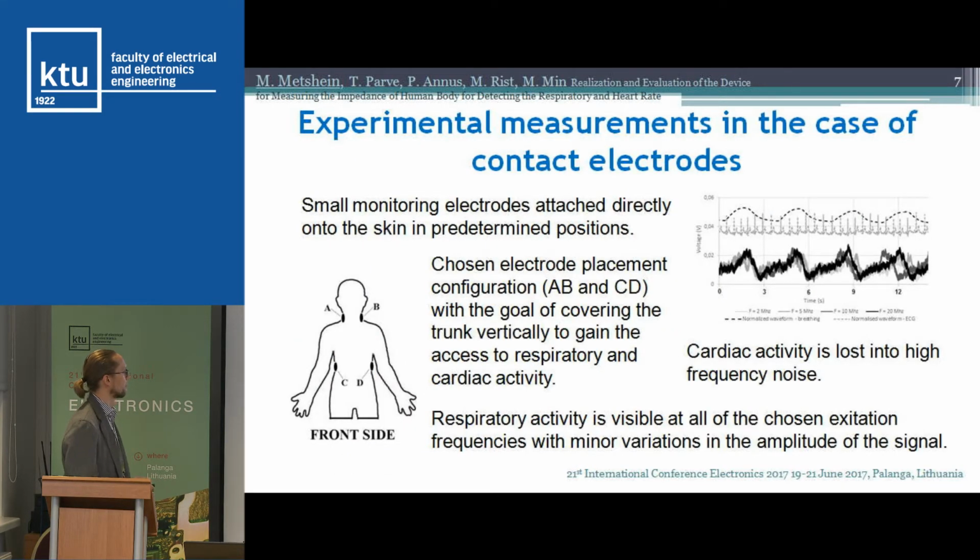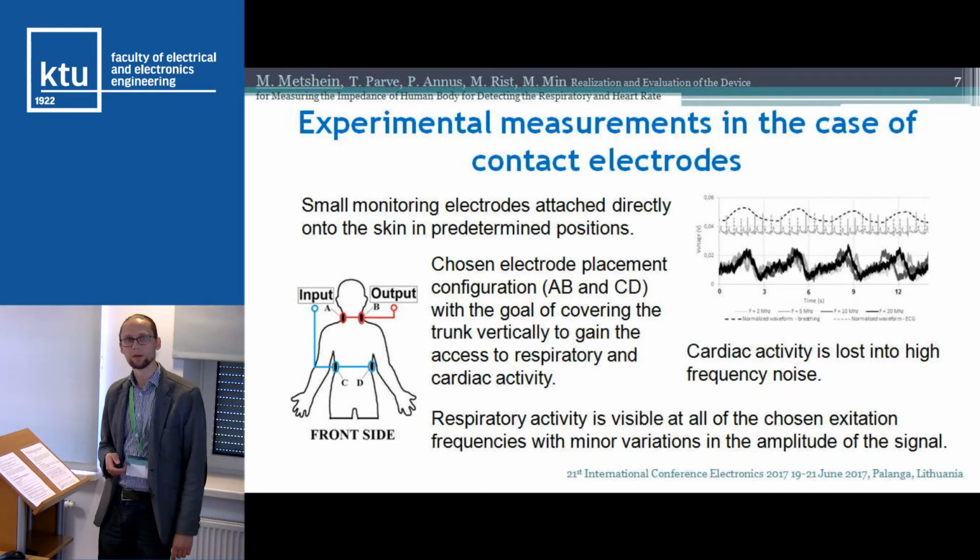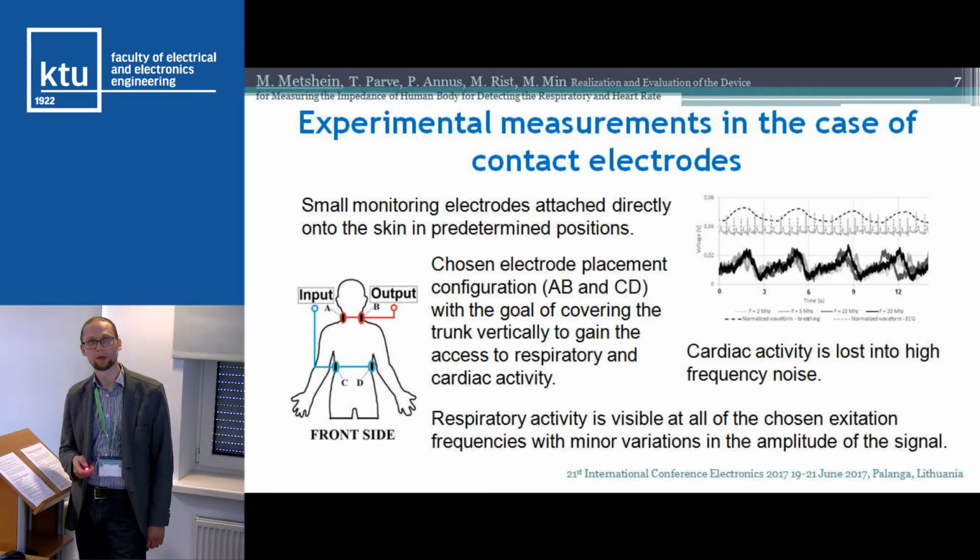Secondly, the ECG electrodes were positioned on the body to cover the full trunk. And it can be seen that breathing is available. Cardiac activity cannot be seen from this raw signal.